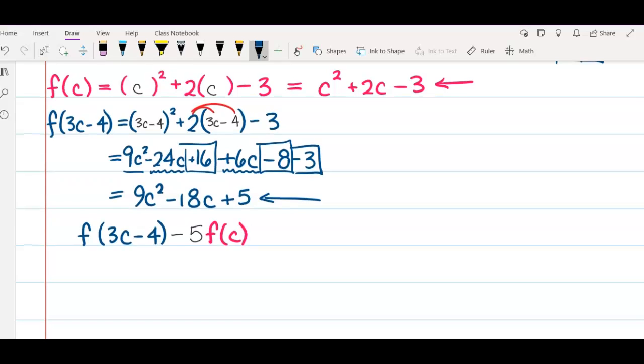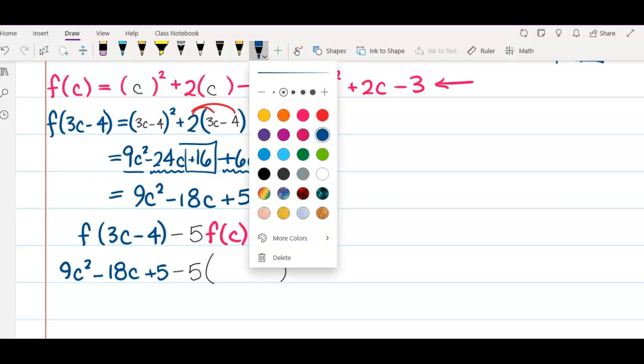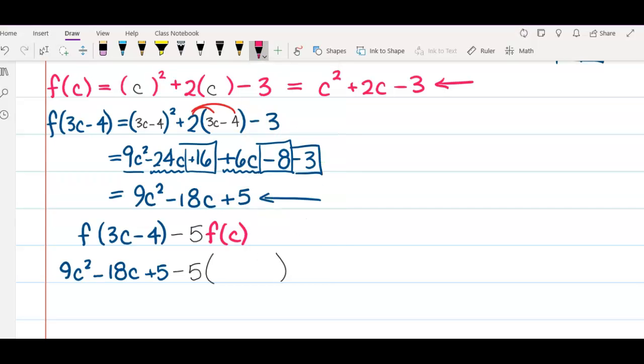So substituting, I get 9c squared minus 18c plus 5 minus 5 times f of c, which is c squared plus 2c minus 3.